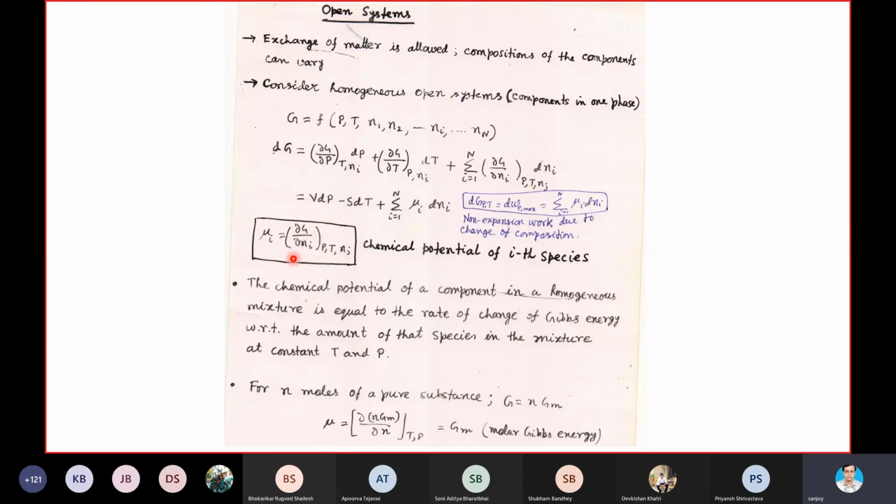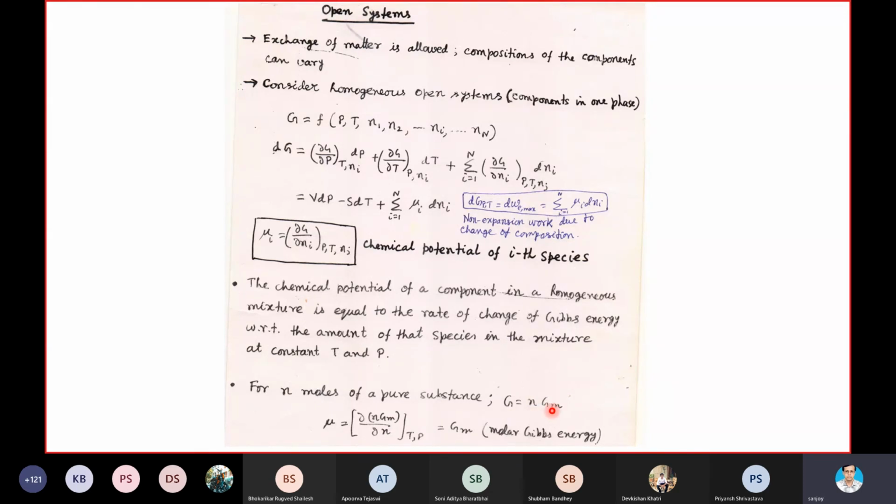Now, if you take a pure substance, then we know that G can be written as N into Gm.